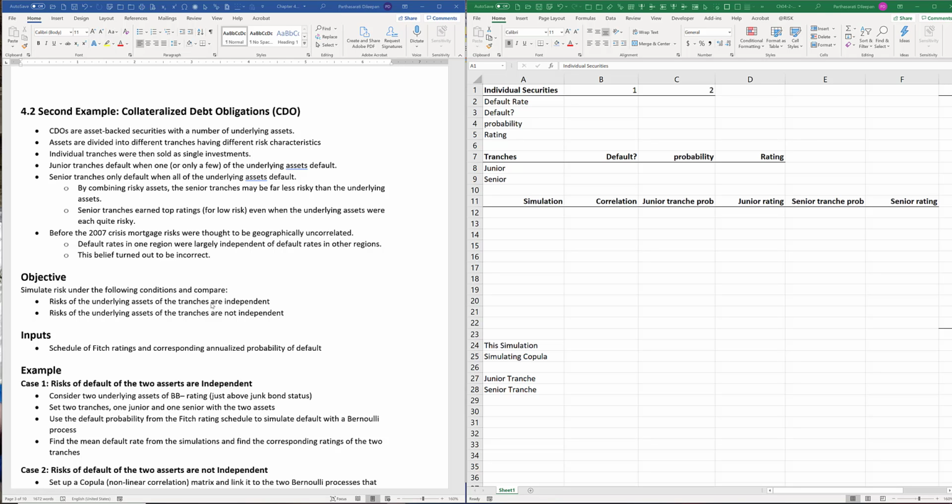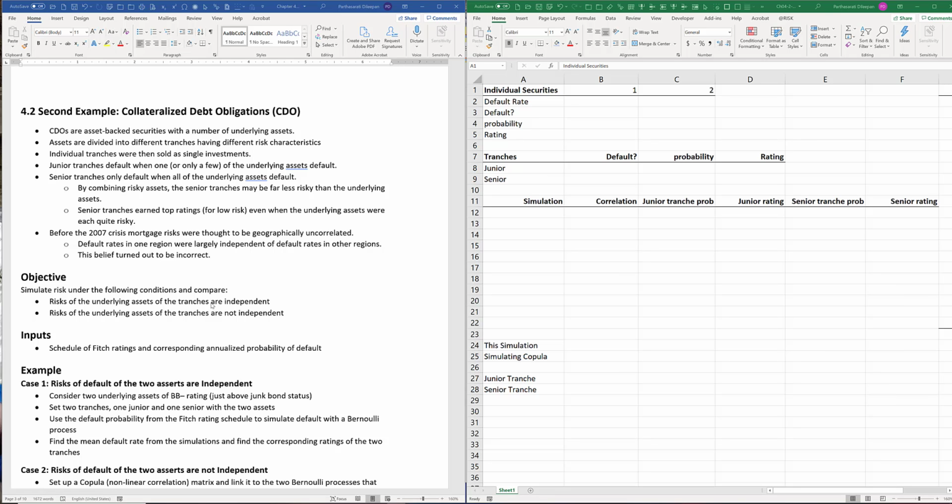Each tranche will consist of a variety of assets, and each of those assets that make up the tranche will have different risk characteristics. When you put all of them together, the idea is the pluses and the negatives will try to balance each other, so the overall tranche would be less risky. That's the idea.